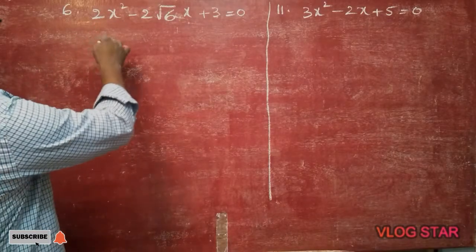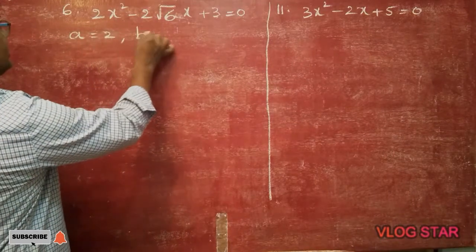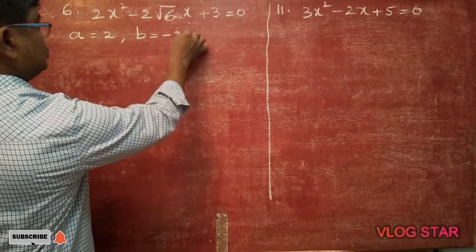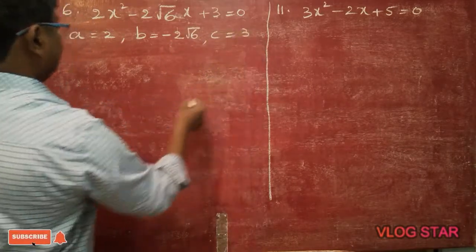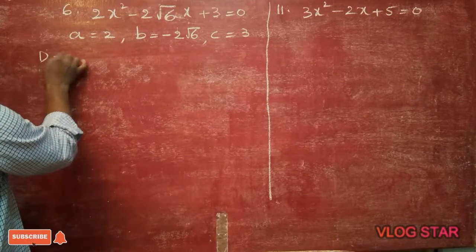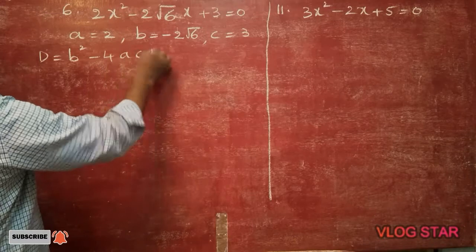Next, sixth problem. Here A is equal to 2, B is equal to minus 2 root 6, C is equal to 3. What is the formula for D, the nature of the roots? B square minus 4AC.